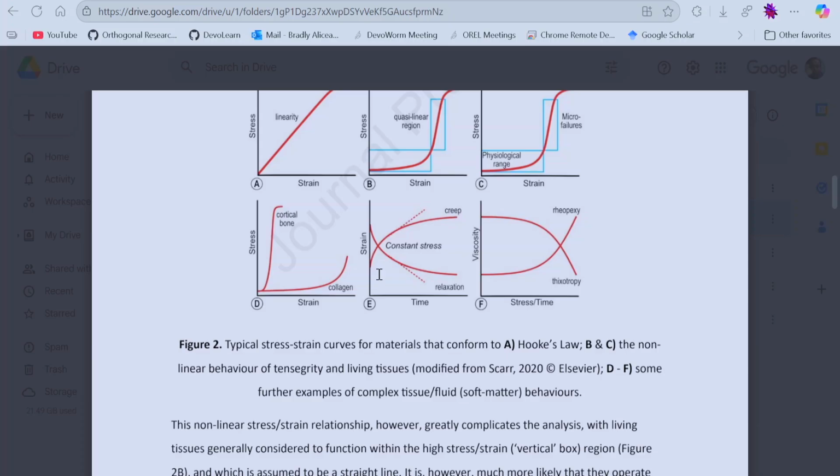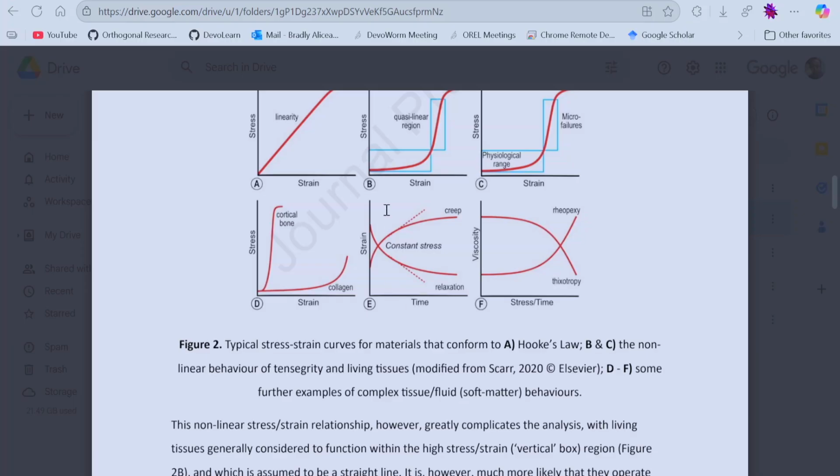Then E is where you have constant stress, where you have creep and relaxation, and then stress over time, which is thixotropy and rheopexy, I guess. I'm laughing at the names.